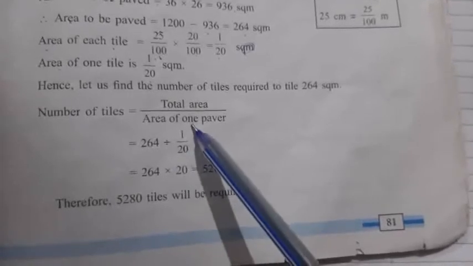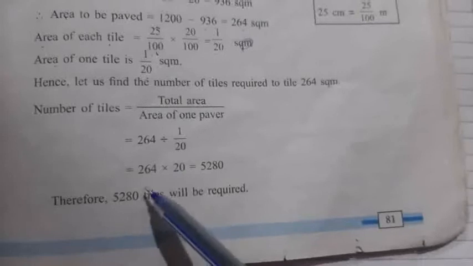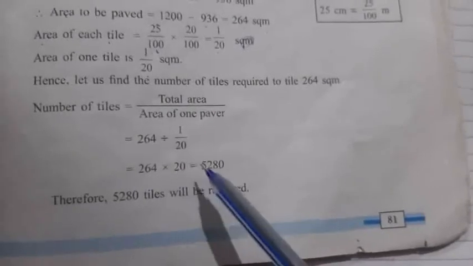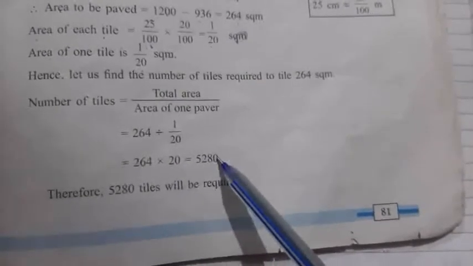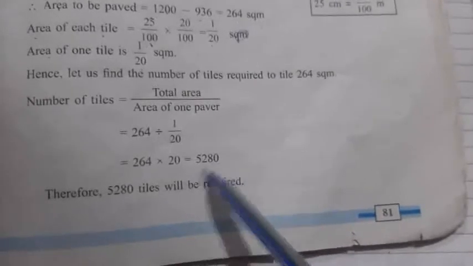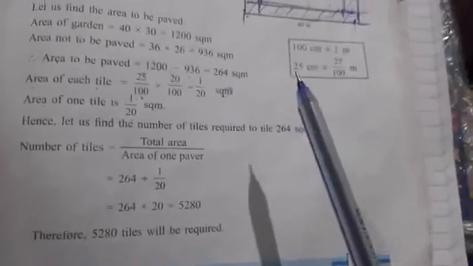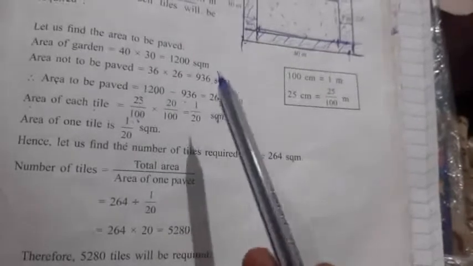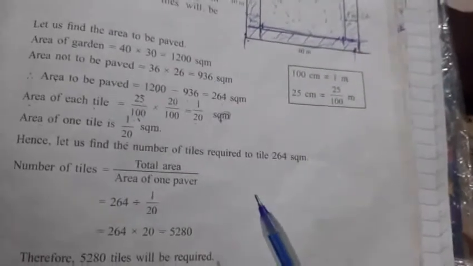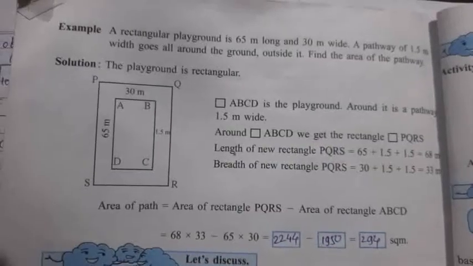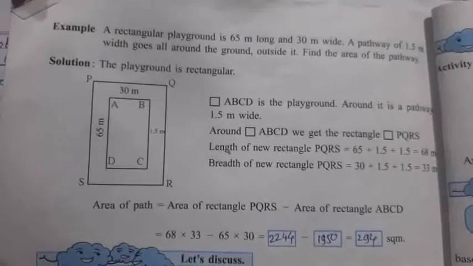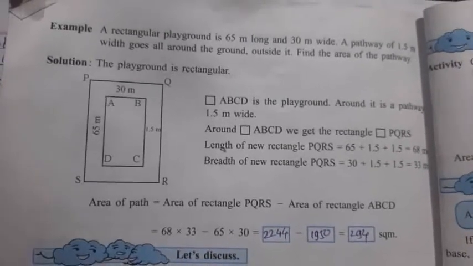So 20 will go in the numerator, and this division we can change into multiplication. So 264 into 20 will be 5280. These many tiles are required to complete that shaded paved path. So like this, some more examples based on area we will see.